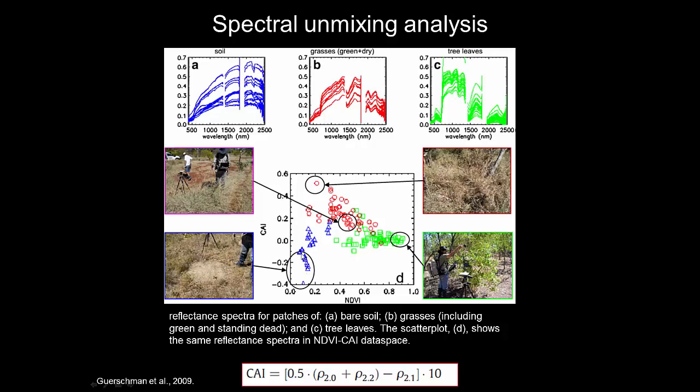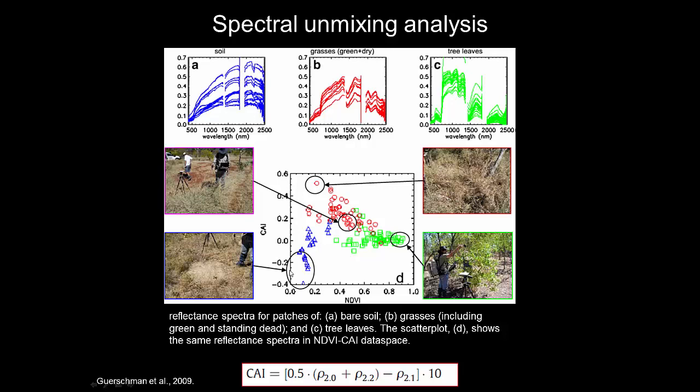So in this triangle, trees occupy the right portion of the triangle with high NDVI values and intermediate values in CAI. Grasses, however, occupy the top left portion of the triangle with low NDVI values and high CAI values, but in some cases also occur towards the right side.